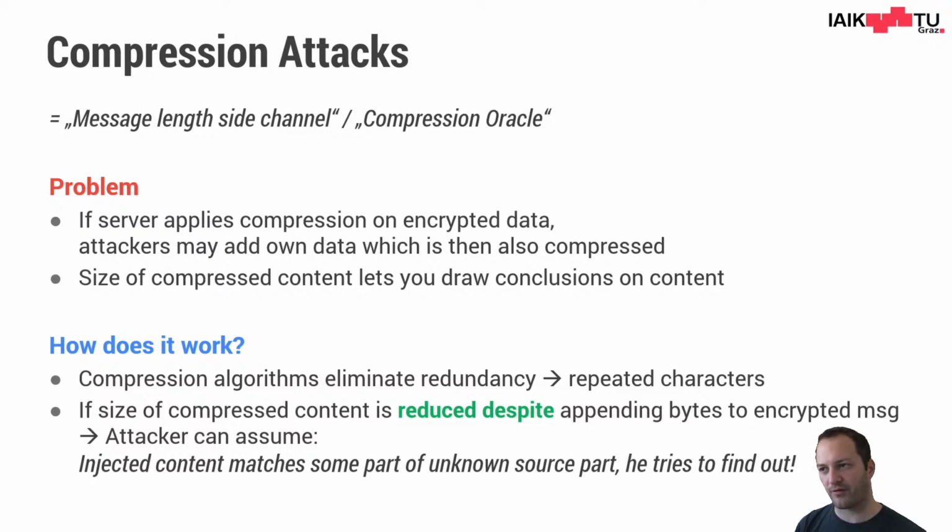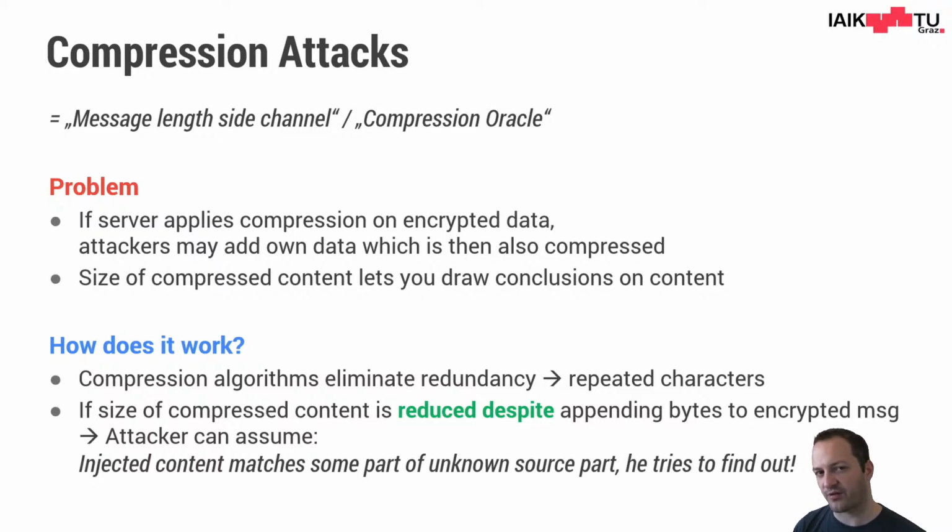And as you know, how does compression work? Usually, in most settings, you have each character only once, and then some efficient tables that say, well, this character is used here and there. So based on the size of the compressed content, you get an understanding of what is compressed.